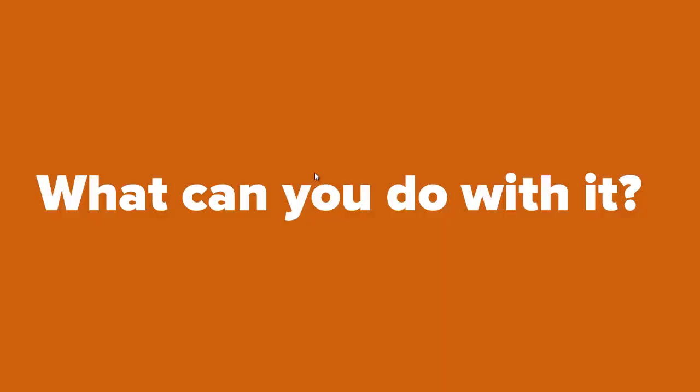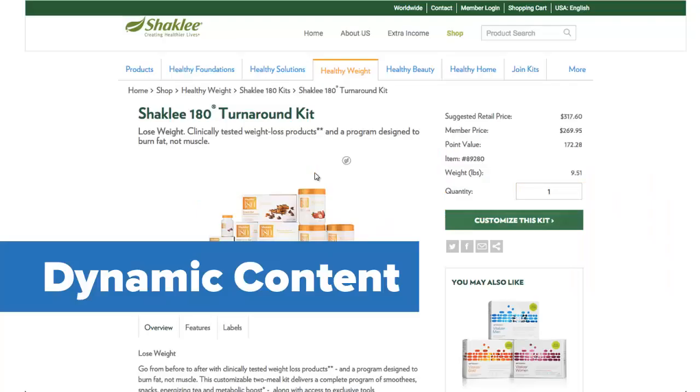So the question is, what do we do with all this dynamic website stuff? First, you can create dynamic content. This page looks like a pretty ordinary page. You have your product description, your picture, price, everything on it, just like a normal website.